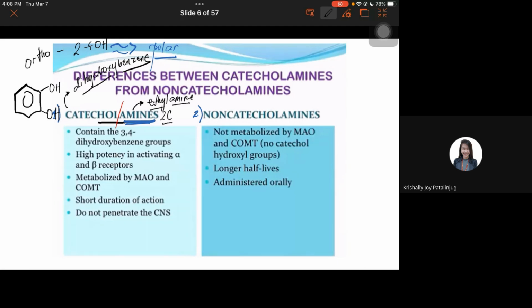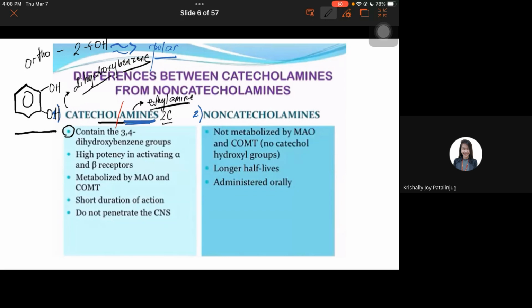So whenever you hear about catecholamine, it should have this structure: the catechol, and it should also have the ethylamine. If either of the two or both are absent, then we don't consider it a catecholamine. That is why the first bullet says 3,4-dihydroxybenzene group. So that is the catechol, specifically described based on its chemical or systematic name. Okay, sige.